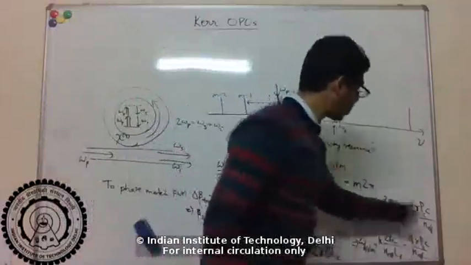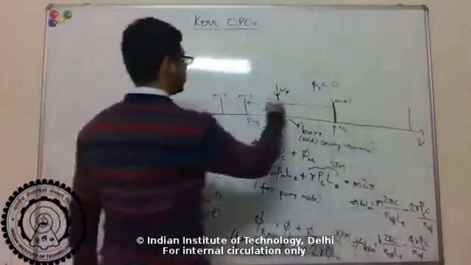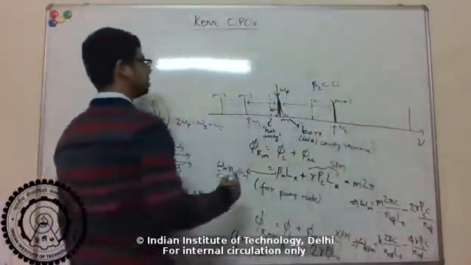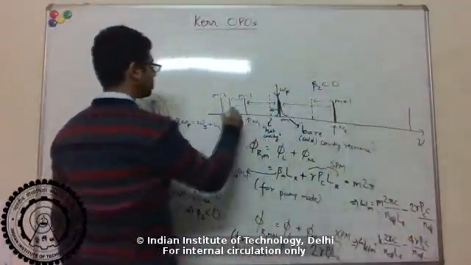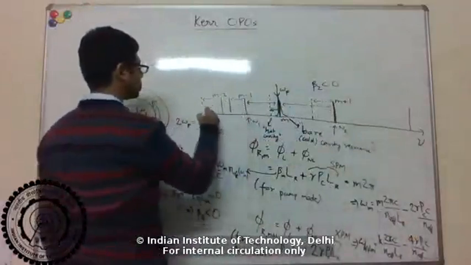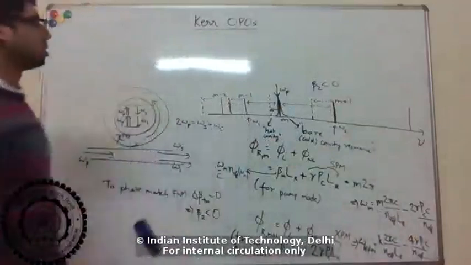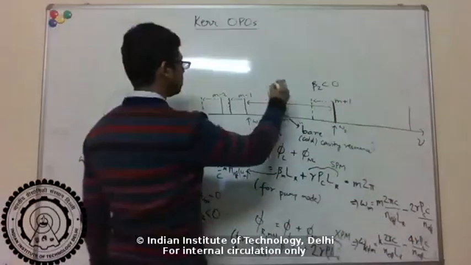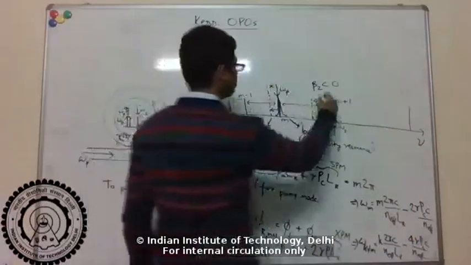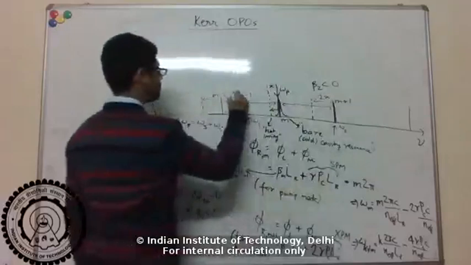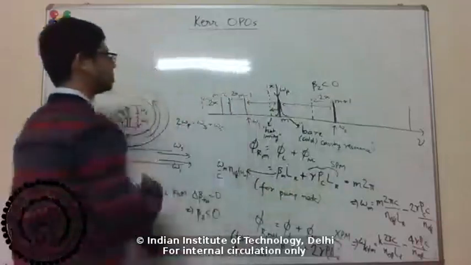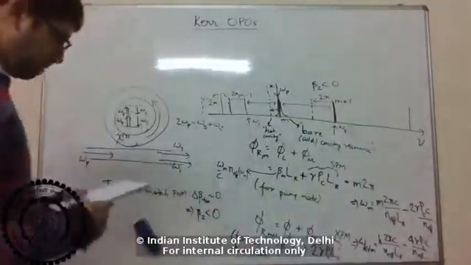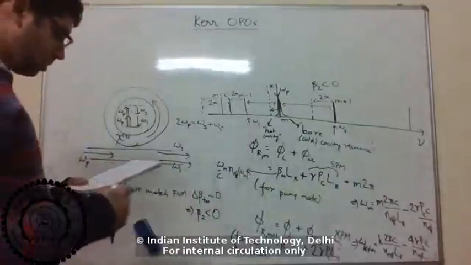So the other resonances will shift by twice the amount. These resonances will shift by a bigger amount. Right. So if this shift is x, then these shifts are 2x.